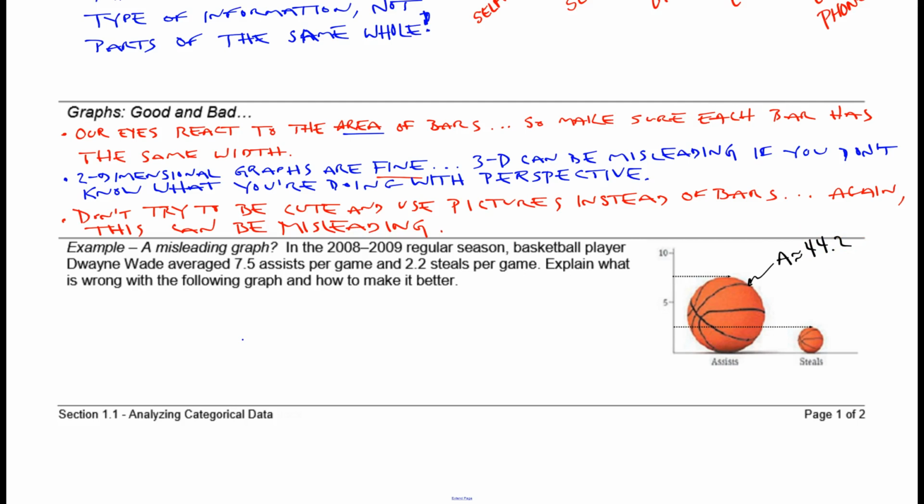If we do the same thing for steals, we take 2.2, the diameter, cut it in half, square it, multiply by pi, we have an area of about 3.8 square units. So it is a very misleading picture, because the ratio of those two areas isn't even close to the ratio of the two measurements, 7.5 and 2.2.